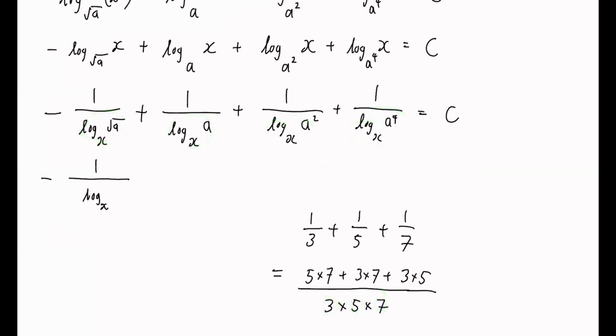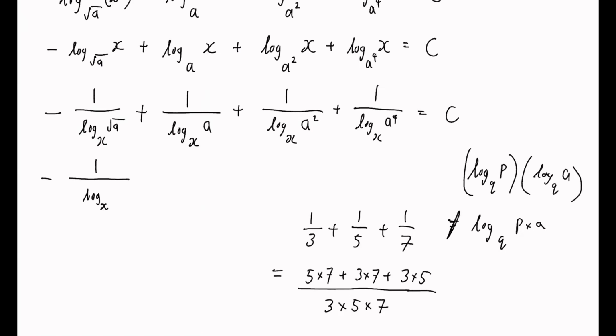If you multiply logarithms together, let's say log p base q times log a base q, is it equal to log p times a base q? No, right? It's not equal. So there are no special identities when you try to multiply logarithms together. So that's why we try to avoid multiplying all the denominators together.